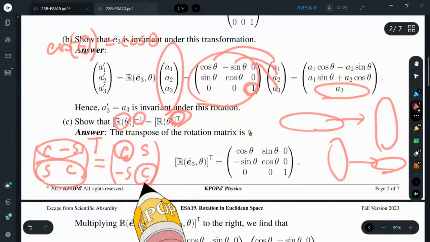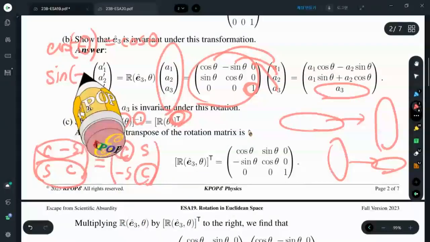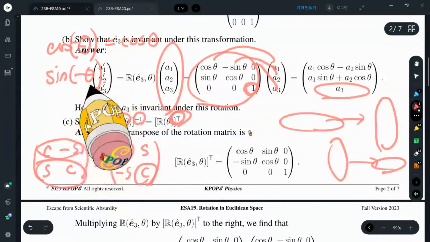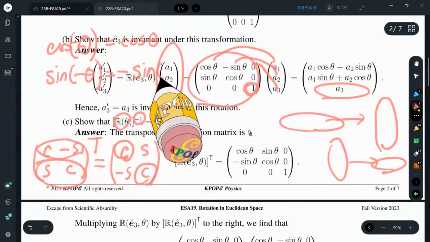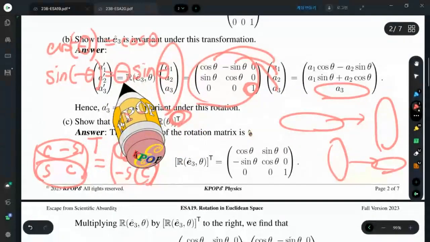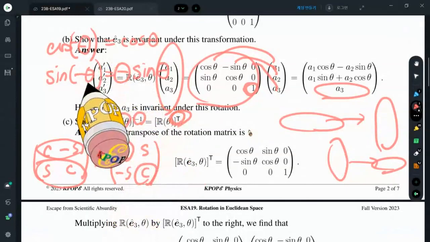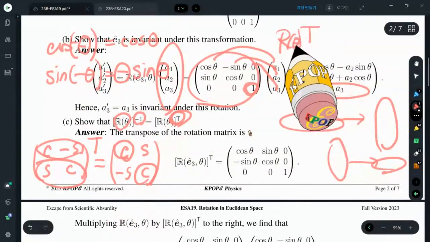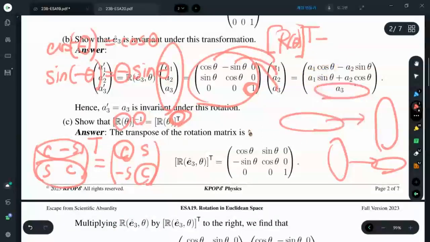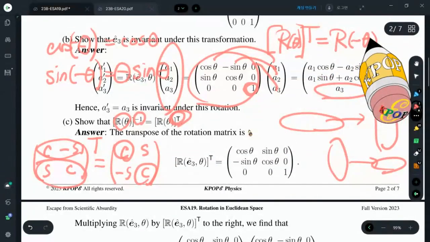The diagonal elements are invariant. Sine is an odd function. If I substitute a minus sign, the negative sign survives, so it is an odd function. Therefore, the transpose of a rotation matrix of angle theta is exactly the same as the rotation matrix with negative theta.